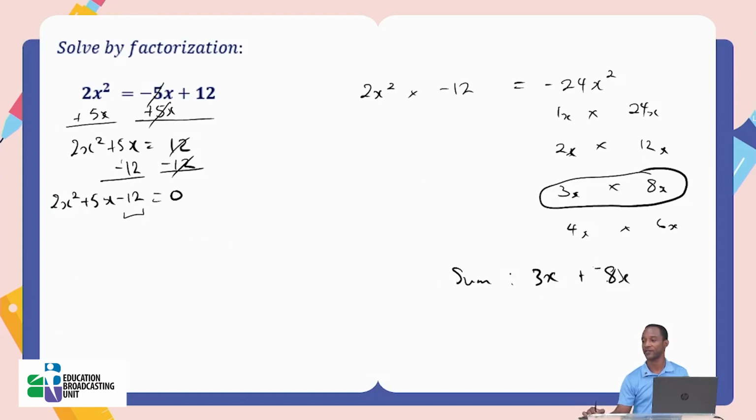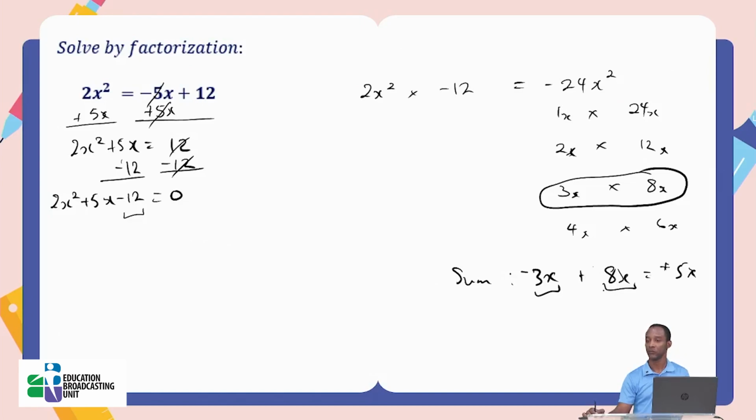If the 8x is negative, that will give us negative 5x. Since we want positive 5x, we'll have to put the negative on the 3x. So that's negative 3x plus 8x, and that will give us the positive 5x we're looking for. Remember, when we add two like terms where one is positive and one is negative, we subtract and keep the sign of the larger quantity, so to speak. So we're going to keep the sign of the 8x, and that will give us positive 5x.